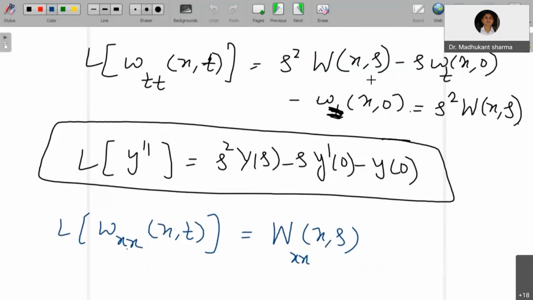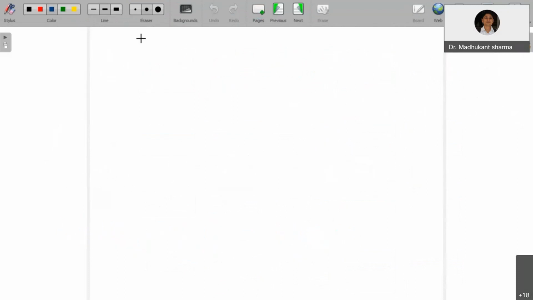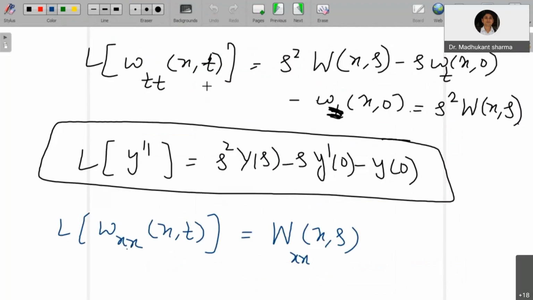Okay, so using these two, what we will get is the following. We are going to have s square W, yes, because the Laplace of w_tt is s square W, and the Laplace of w_xx is W_xx.